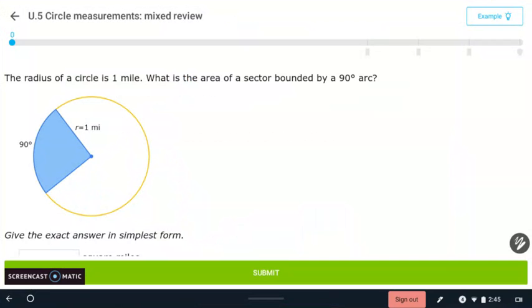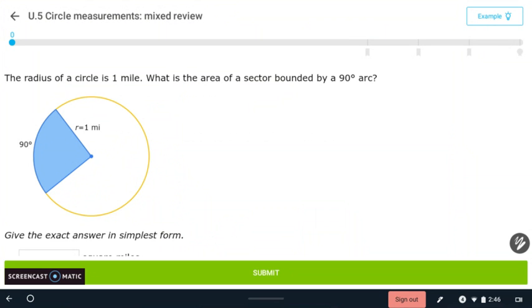But now is the time to really reinforce in your brain the different types of measurements that you can get with a circle. You could find the circumference of a circle, which is exactly like perimeter, the distance around the outside of a circle. You could find the area of the circle, so everything that would fit inside the circle, or you could find the area of a sector.